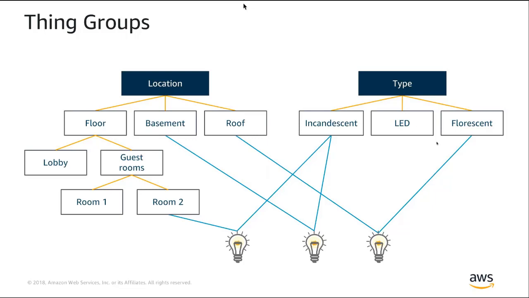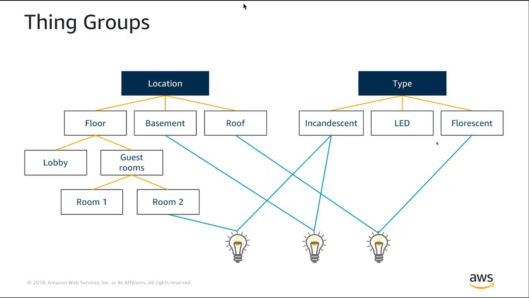Then for each location, I can specify whether you're on a floor, in the basement, or it's a device located on the roof. And I can even have subgroups within other groups. For example, for floor, I can specify different types of floors. Is it the guest room or the lobby?